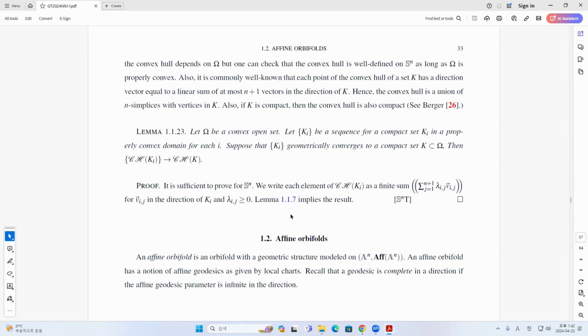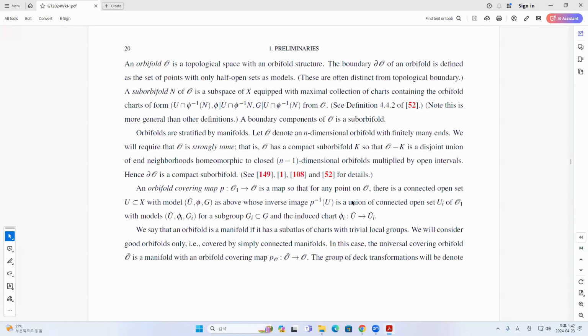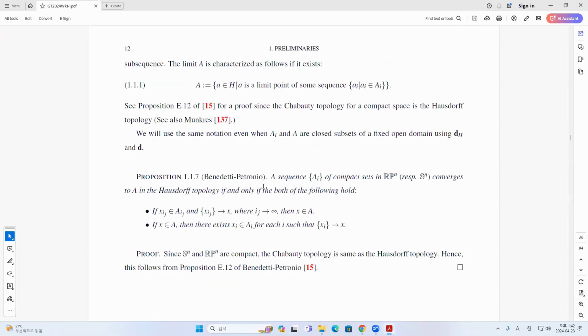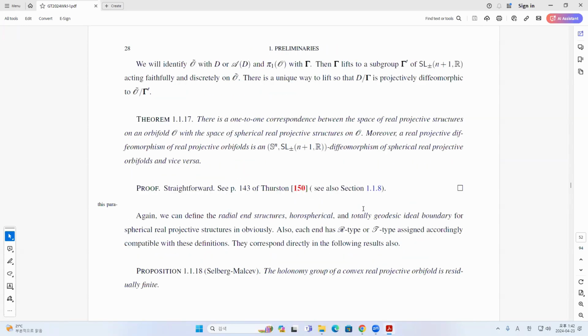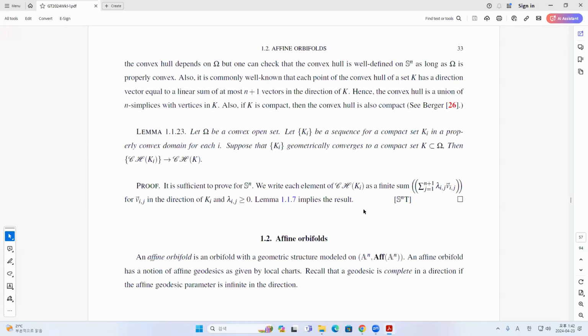Let's see, 1.17 was this Benoist theorem. So this is the first half, and then I will begin with this next.